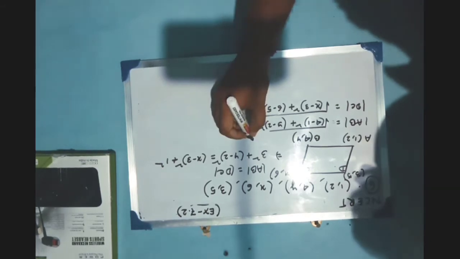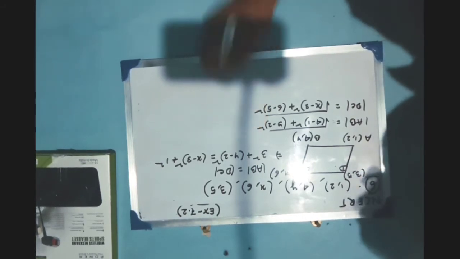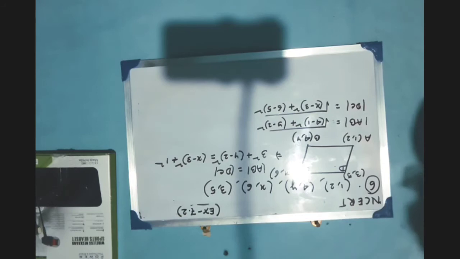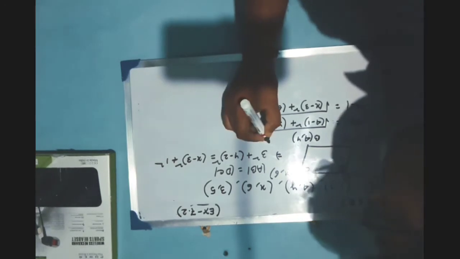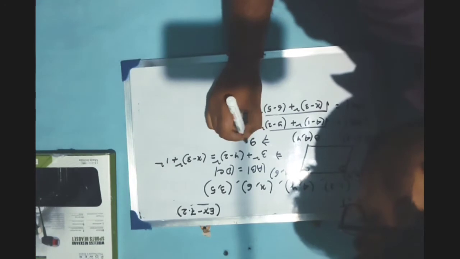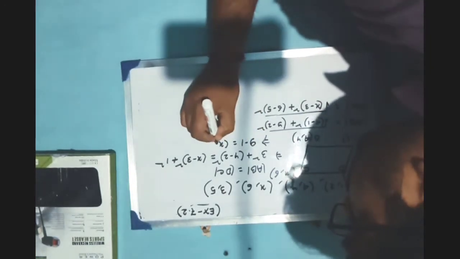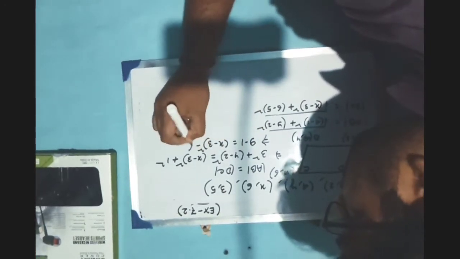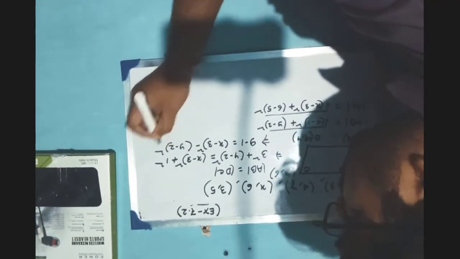Now this is one equation. From here we can write that 3 square means 9, 9 minus 1 equals (x minus 3) whole square minus (y minus 2) whole square.